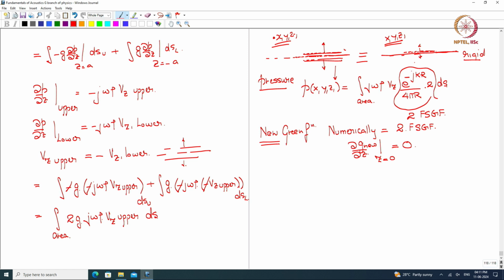Okay. So, this works for planar problems.